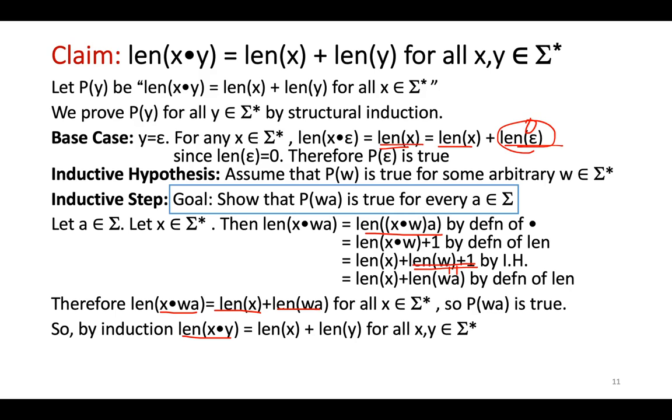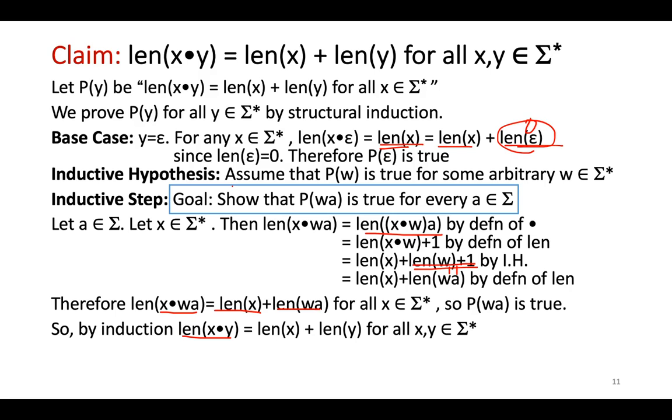So we assume that P of W is true for some arbitrary W that is in sigma star. We want to prove that P of WA is true for every character A of the alphabet.